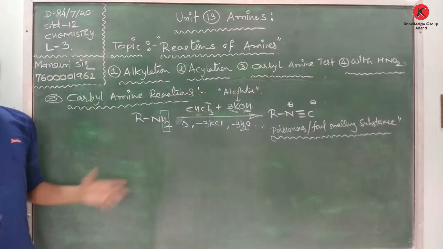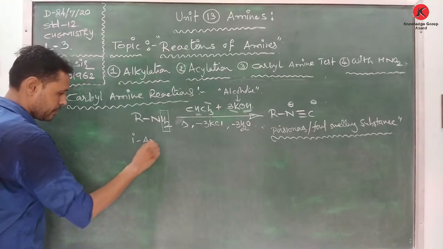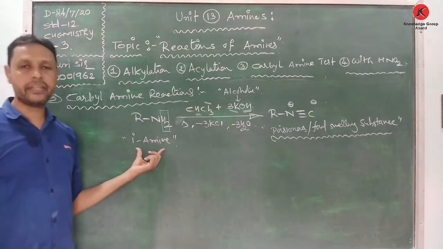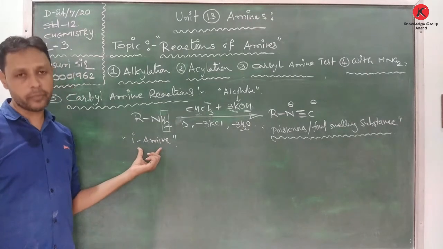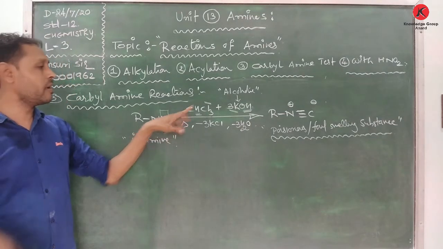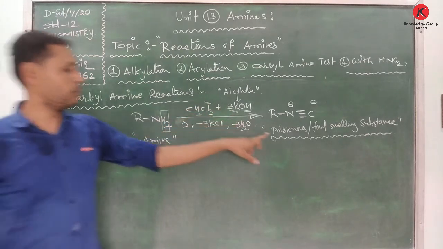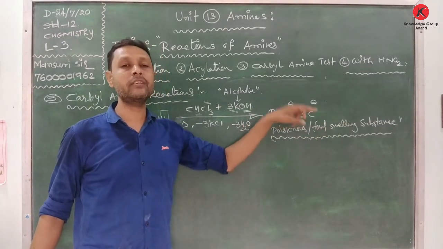So this reaction, this is my primary amine. Now the primary amine should be aliphatic or aromatic. An aliphatic or aromatic primary amine reacts with the mixture of chloroform and alcoholic KOH, then the poisonous and foul-smelling substance isocyanide is obtained.